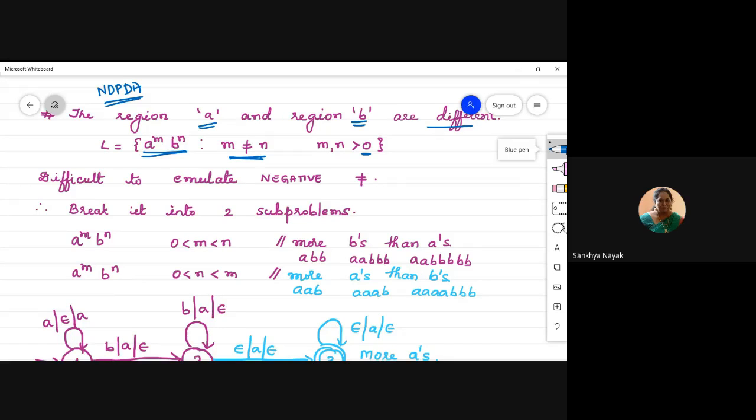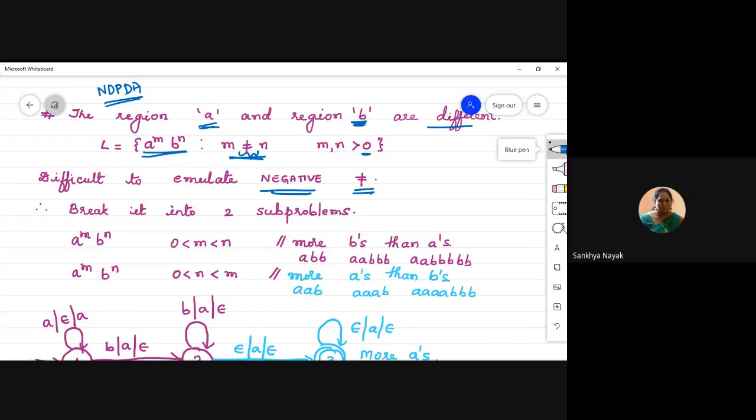In a nutshell, not equal to is very difficult to show. The question says the number of A's and number of B's should be different, but it's very difficult to emulate a negative symbol like not equal to.